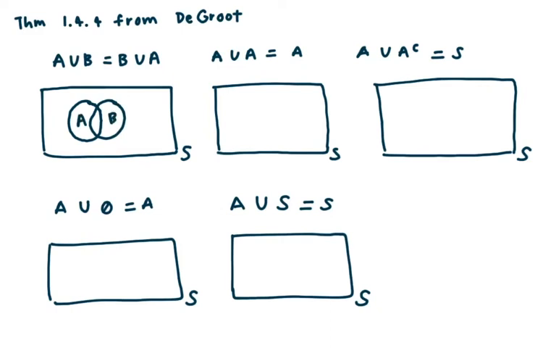Okay, so remember from the previous page that A union B includes us shading A and then B, and also the intersection, which is what I'm coloring in right now. Okay, and so A union B is the exact same thing as B union A.